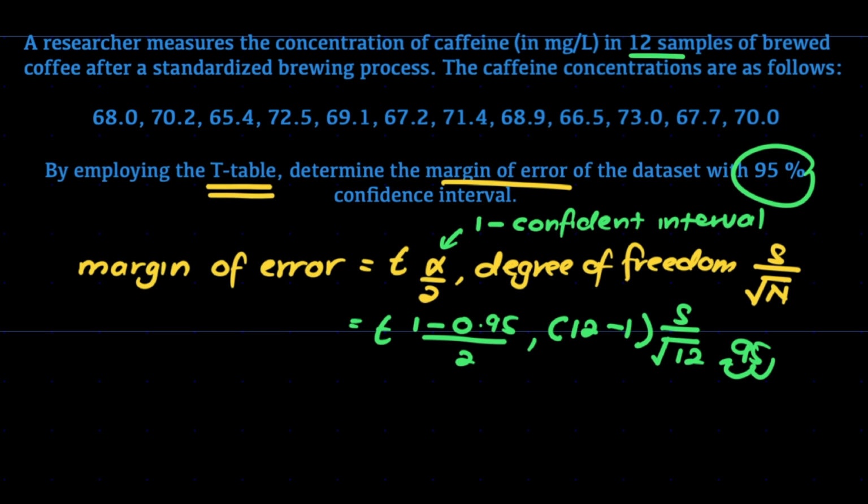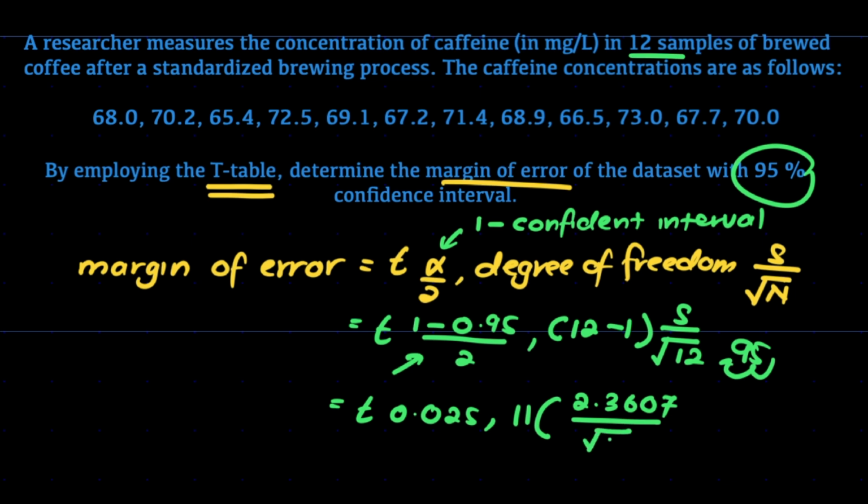This one we need to calculate first. So your t shall be 0.025, and 12 minus 1 is going to be 11. Your standard deviation is the value that you have calculated just now, 2.3607, divided by the square root of 12.